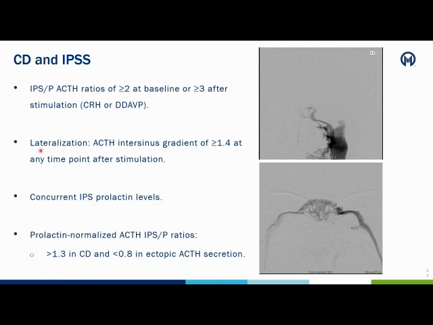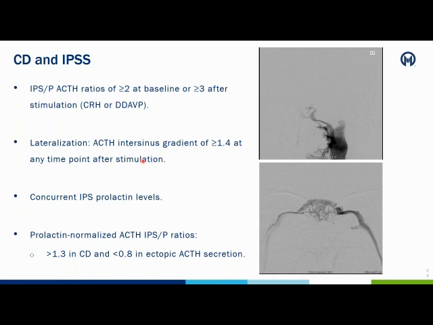The lateralization, meaning because we have catheters on both sides, having one side showing higher elevations of ACTH, in the past was used to guide the gland exploration or even a resection of one side of the gland if that gradient was greater than 1.4.